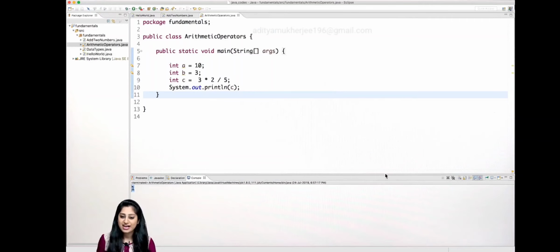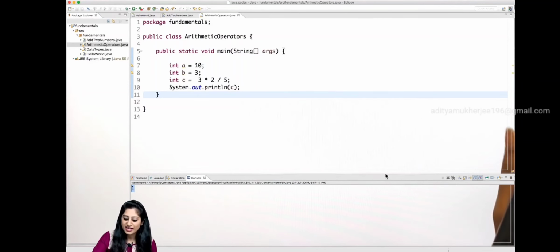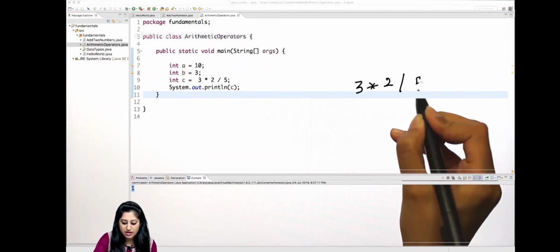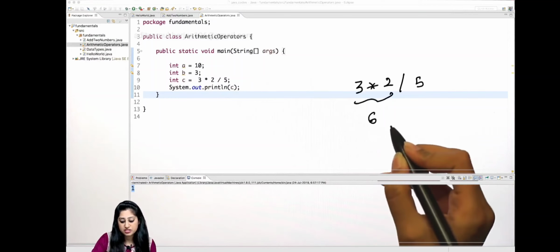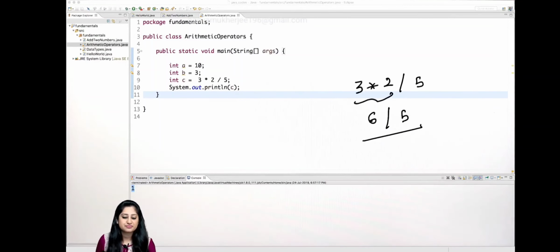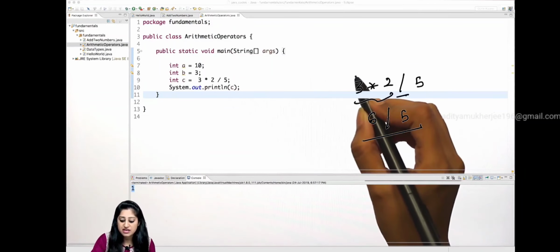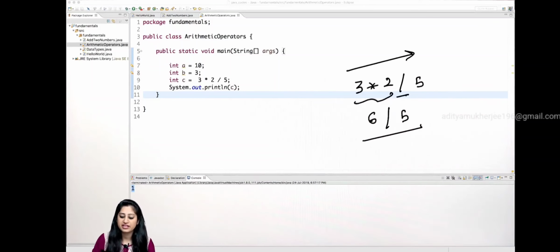So now if you run it, the answer is 1. What does that mean? That actually means that multiplication is the one that happened first. So in an expression like this, 3 into 2 turns out to be 6, and then the rest happens. So why multiplication first? In case there are multiple operators with the same precedence, then in case of arithmetic operators, the evaluation goes in left to right direction.